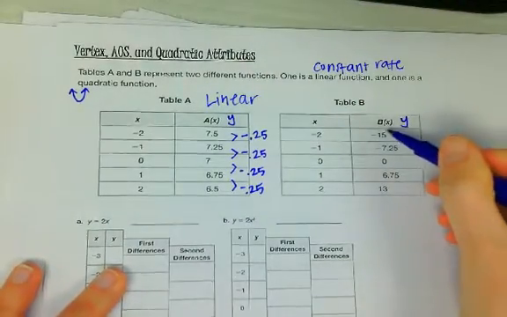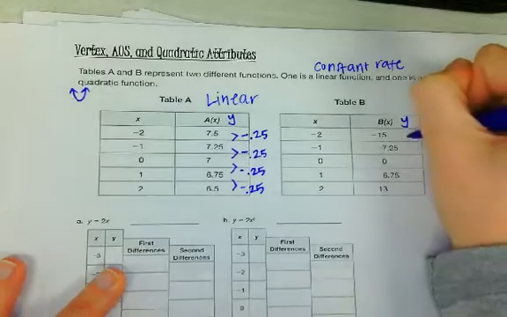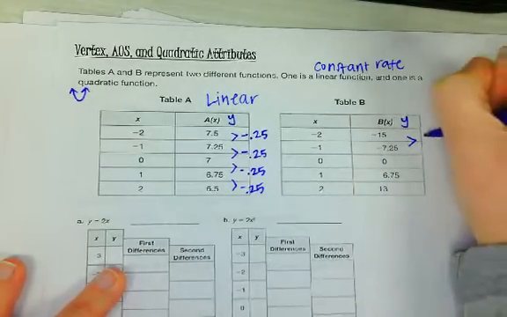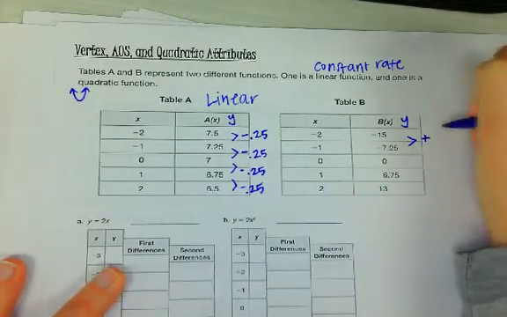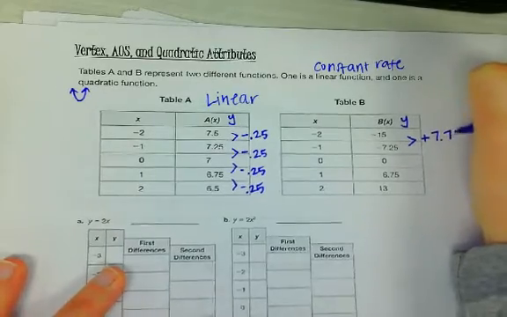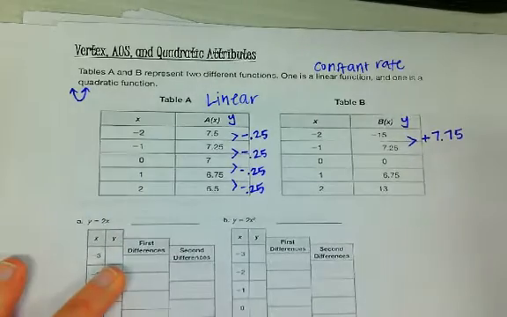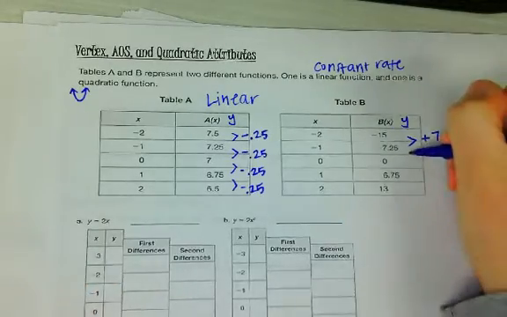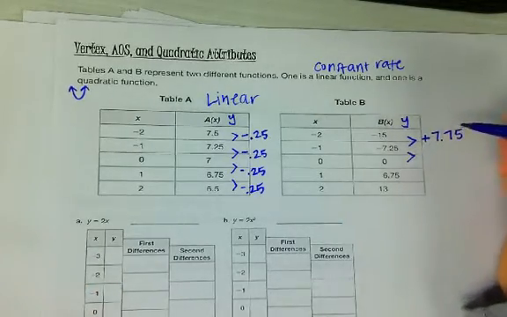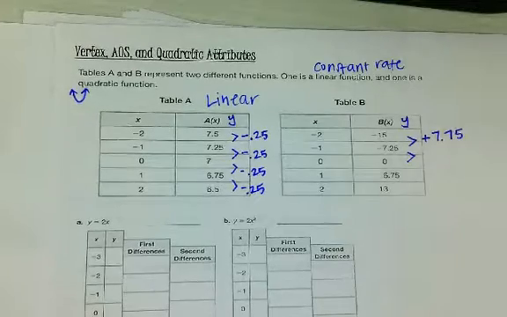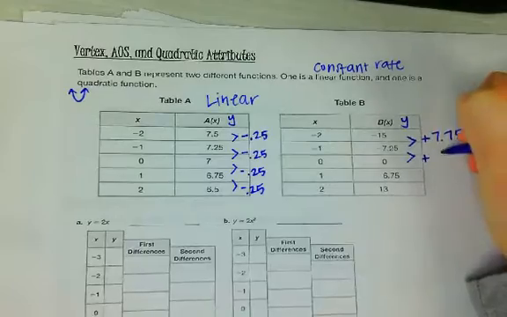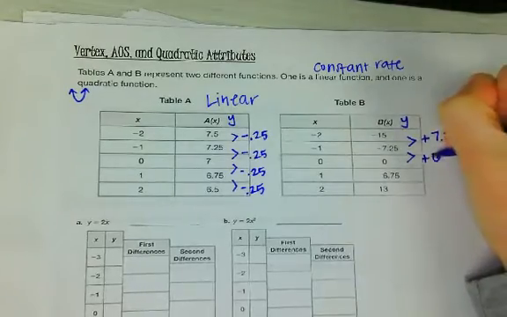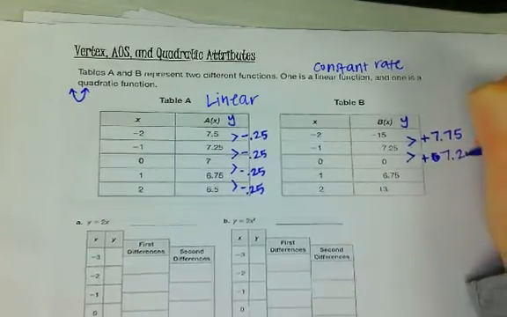Now table B, I can tell, let's see. At the beginning, it's getting bigger by, what is that, 7.75? But then I can tell, well, it's going to change a little bit here. It's not exactly the same rate. It looks like here it's getting bigger by 7.25.